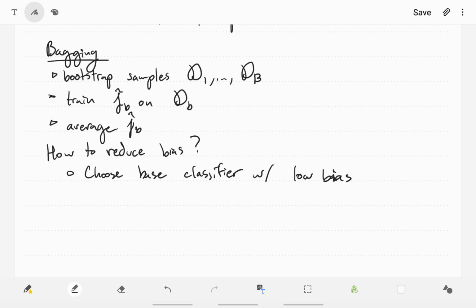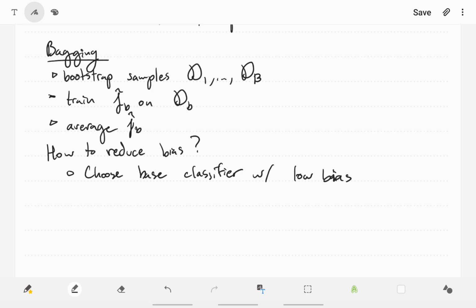Because bias will decrease as the rectangular regions get smaller and smaller. If they're very small rectangular regions, then you don't really have to interpolate that far to get between your data and the point you would like to predict.